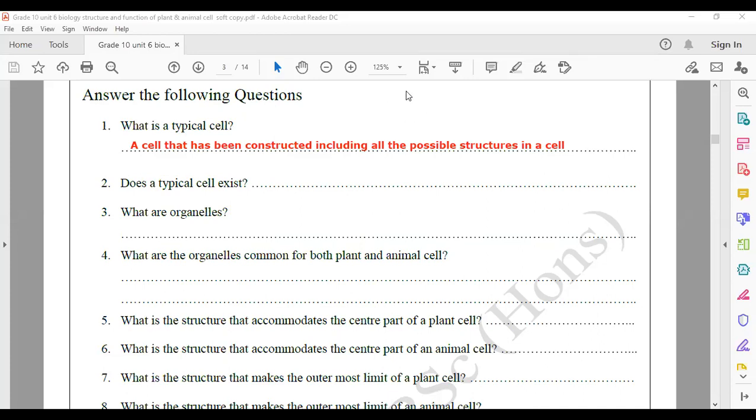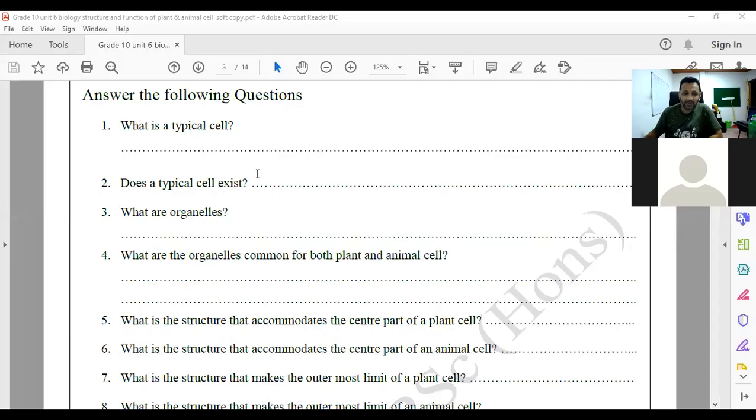Okay. Second question. Does a typical cell exist? What do you say? No. So second question, you are answering with the word no.